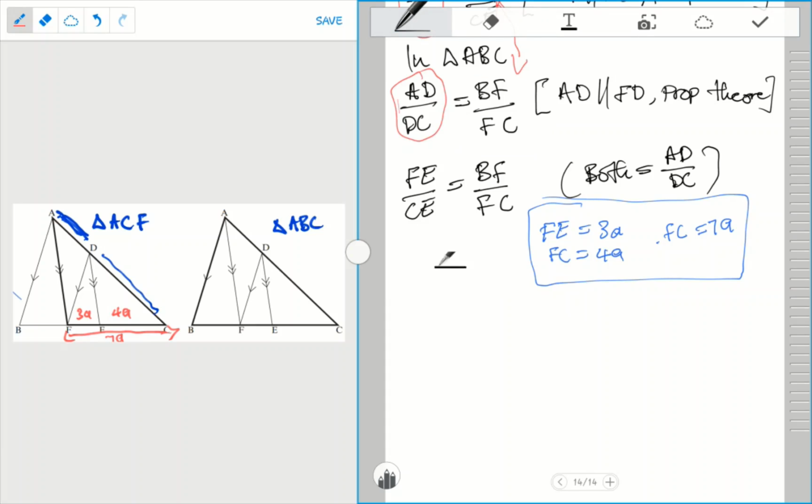We are substituting: FE is 3a divided by CE is what?